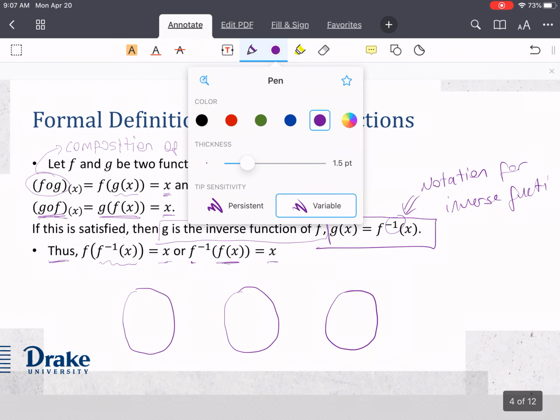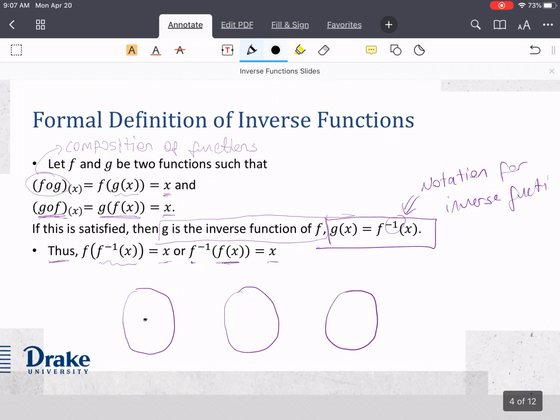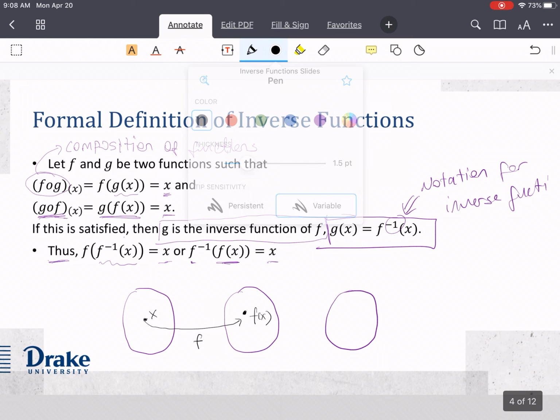So think of it as, say there's an element x in here, and then think of a function that takes this x and assigns it to this element on this other set, f of x or y. So what f does is it takes x and assigns it to f of x. And then think that there's another function that takes this f of x as an input and assigns it to this other value.